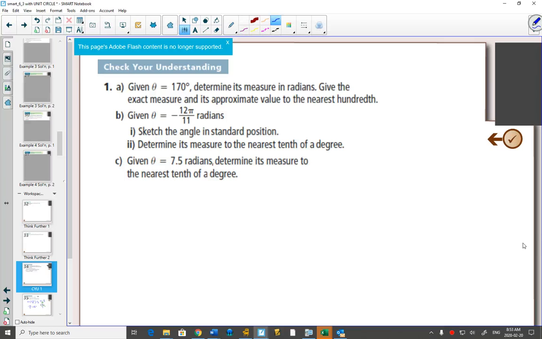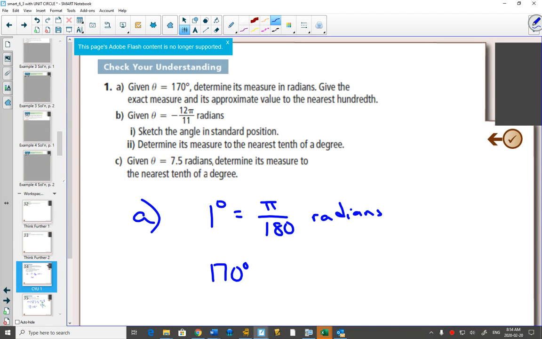Given that theta is 170 degrees, determine its measure in radians. So for part A, we know that 1 degree is pi over 180 radians. If we wanted to find out what 170 degrees was equal to, we'd have to multiply by 170.